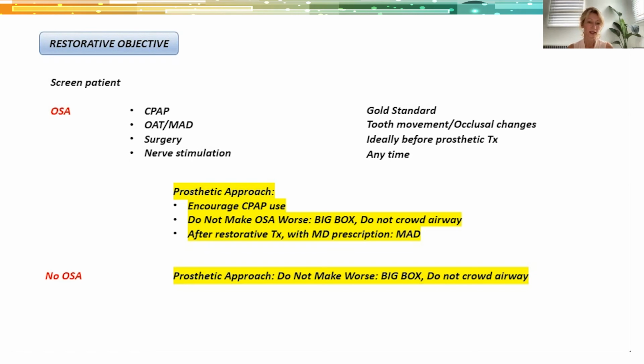So basically, my message is let's try to make a bigger box so we don't crowd the airway and just act more preventively. Now, if the patient doesn't have a diagnosis of obstructive sleep apnea, the same thing. We will try to make the big box, we will try not to crowd the airway, and hopefully he will never need any other treatment for his airway.